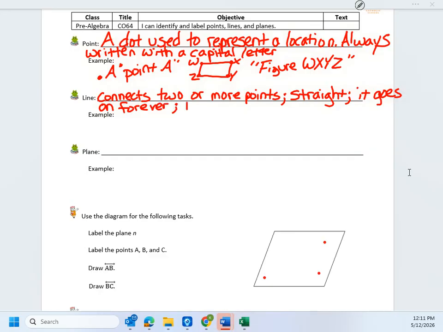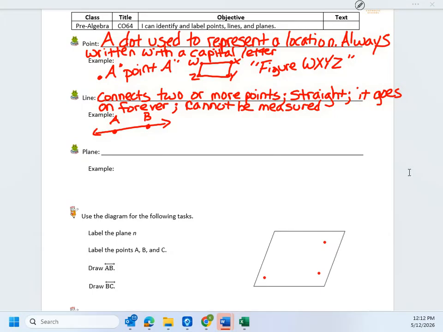And therefore it cannot be measured. An example would be we have point A, we have point B, and that line goes through the 2 points with the arrows. It's not a segment, the line goes through it.